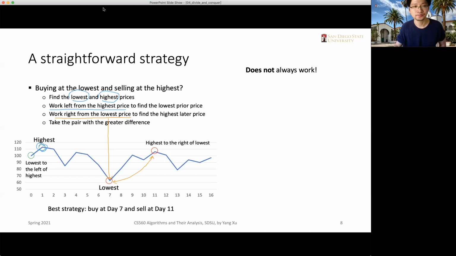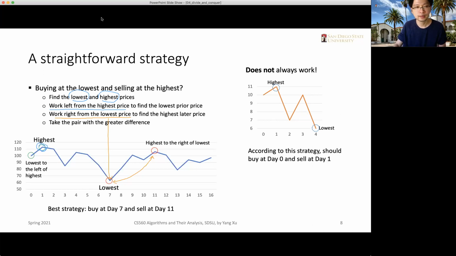If, for example, we have a global price like this, and we try to find the maximum point, it's here, right? And the lowest point is here, right?